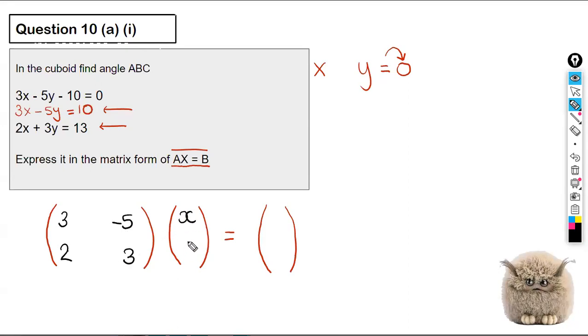X comes before y in both equations, so you put the x on top, the y underneath, and the two values on this side are positive 10 and 13. How many people had that? This is A, this is supposed to be X, and this is supposed to be matrix B. How many of you had it correct on your end with no mistakes? Like you had the signs on everything to go with it.